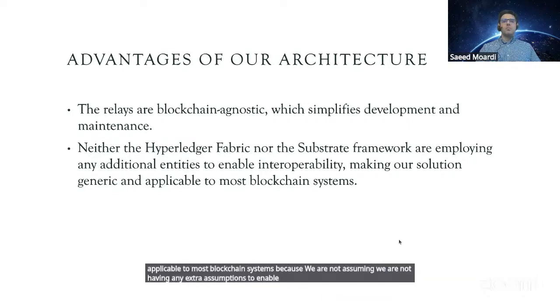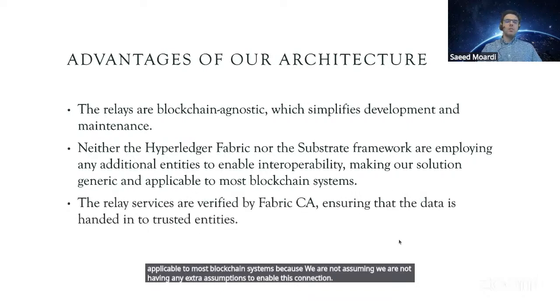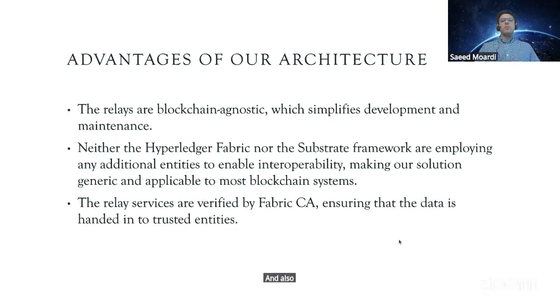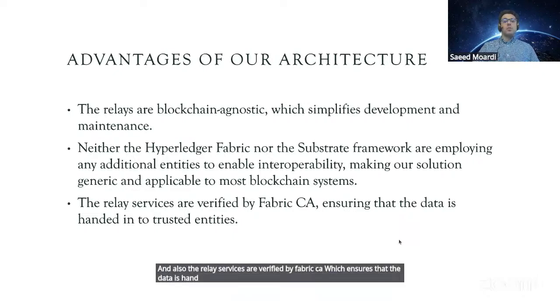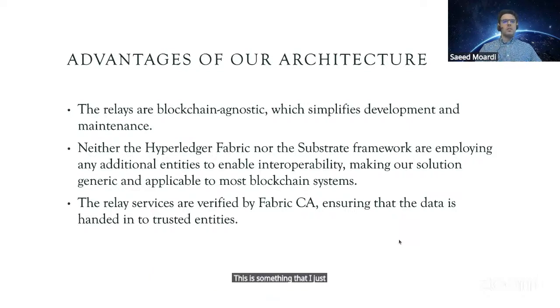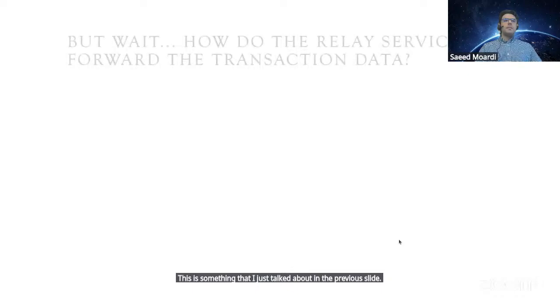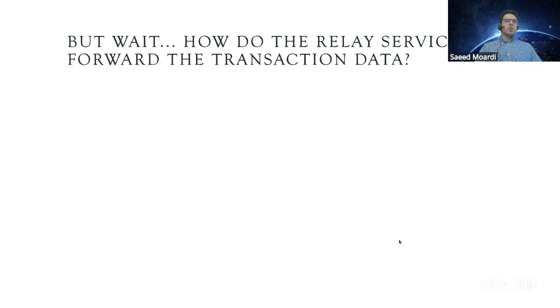And also, the relay services are verified by Fabric CA, which ensures that the data is handed to trusted entities. This is something that I just talked about in the previous slide. But there are some things that still look ambiguous in the architecture.